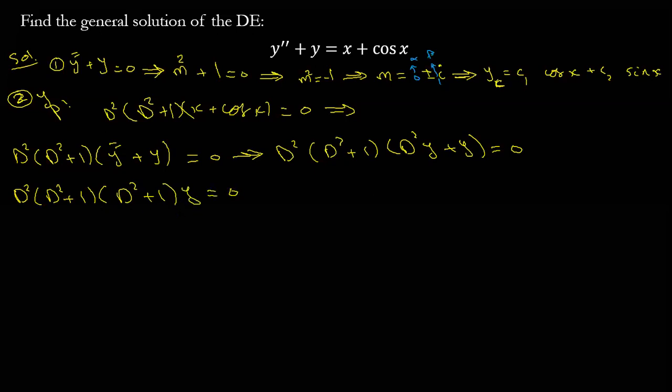This is a homogeneous equation. To solve it, I'm going to use the auxiliary technique. So I have m squared plus 1, m squared plus 1 equals 0. Can anyone help give me the solution? Let me first write the values of m. My m is 0 two times, and also m is positive or negative i, twice. Am I right?